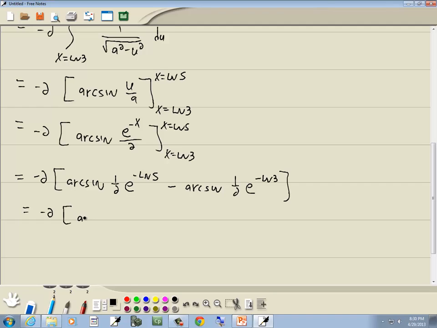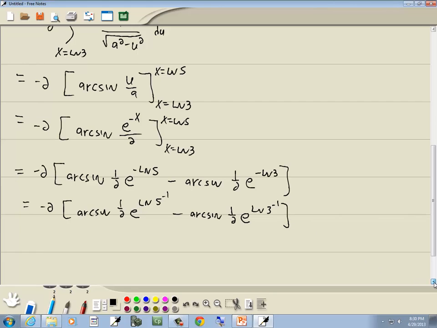Okay, so this becomes arc sine of 1/2 e to the natural log of 5 to the negative 1 power. If you got a number out in front of your log, you can put it as your power. So I took this negative 1 that's in front of our natural log and put it as our power. Minus arc sine of 1/2 e, and I'll do the same thing here. So this becomes 3 to the negative 1.